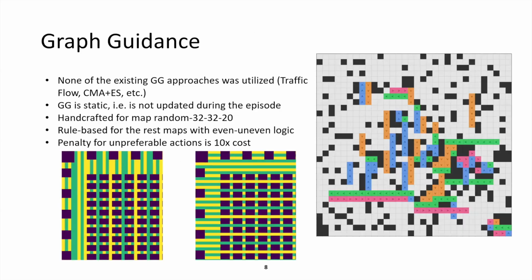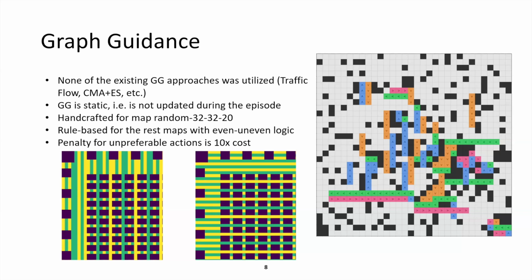We also used a graph guidance technique, and we were actually not using any existing approaches described in the papers, like traffic flow or something like that. We also didn't use any dynamic update, so our graph guidance is static. It's made initially, and using it we just compute a distance table, and we further use only the distance table.